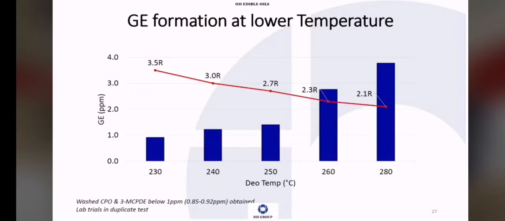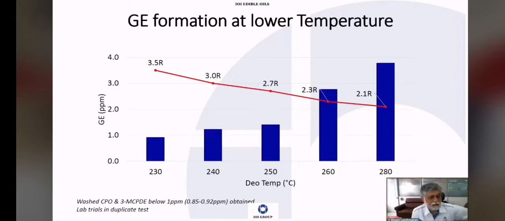So temperature seems to be a major contributor to the formation of GE. If you look at the rightmost graph, where we did lab scale refining at 280 degrees, we got beautiful color, 2.1. Drop it to 260, still good color, 2.3. Drop it to 250, we got 2.7. But at the same time, the GE is dropping.